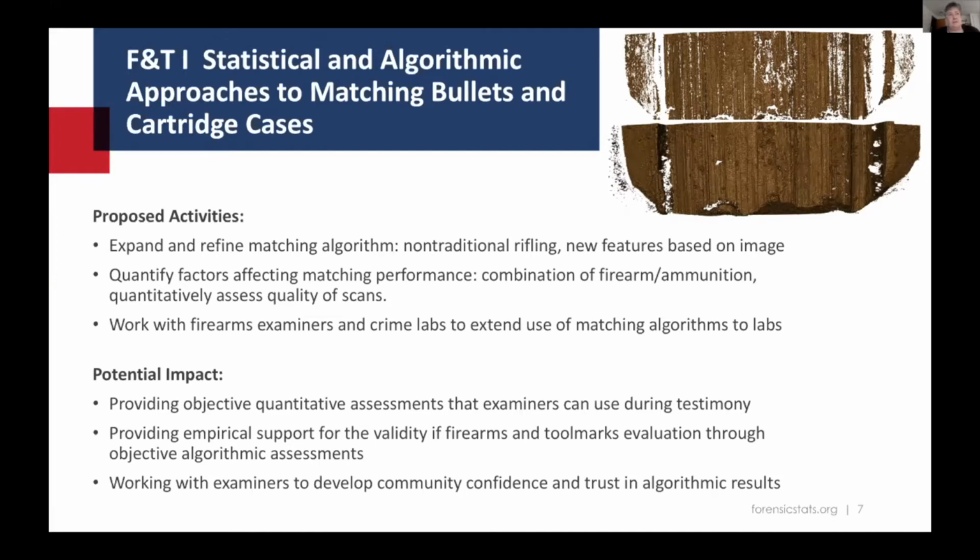I think what we've shown empirically is that firearms and toolmark evaluation has an objective algorithm behind it. There's an objective algorithm behind the assessment. And what we also want to work on more is to develop more confidence and more trust in the community in these algorithmic results.